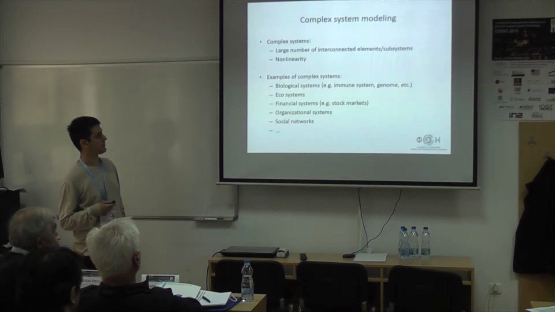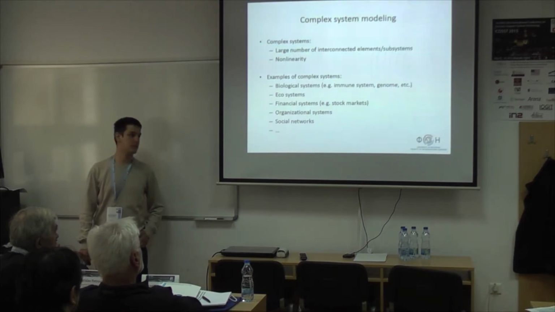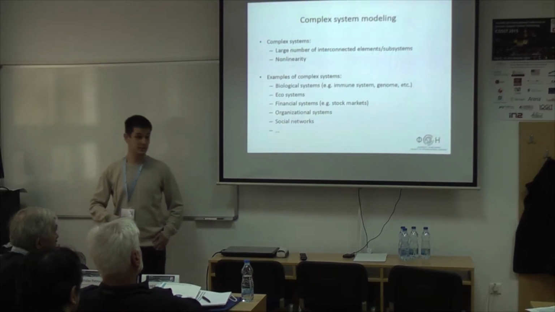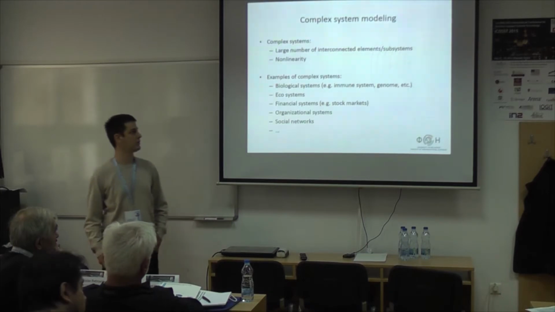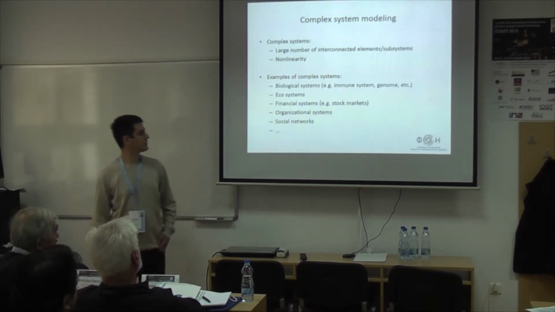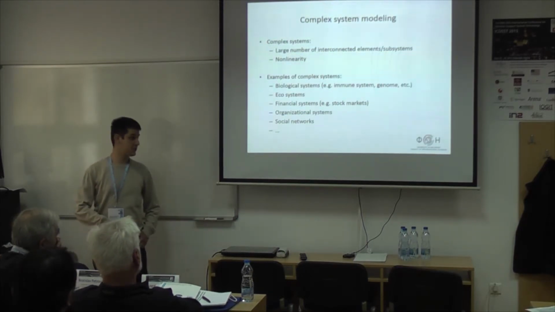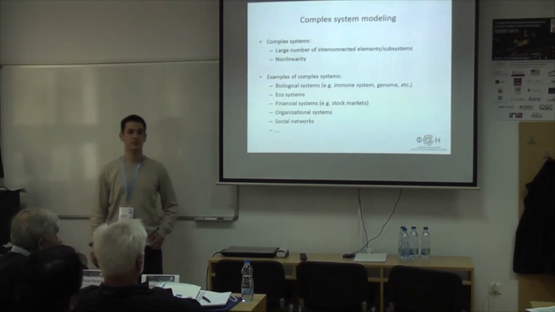The most common examples of complex systems are biological systems such as the brain, immune system, genome, protein system, synthesis problems, and so on. Also, stock markets can be considered complex systems, as can organizational systems, social networks, and so on.